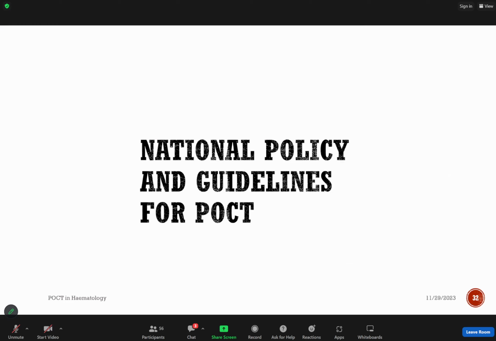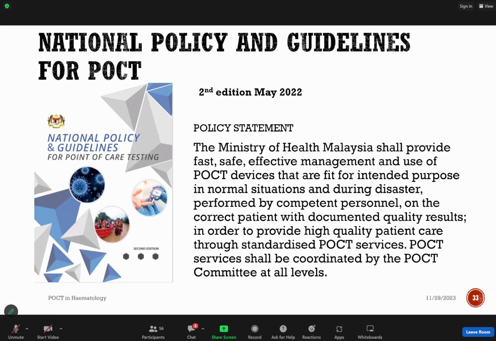Next, we move on to national policy and guidelines for POCT. This is the second edition, released in May 2022. I share here the policy statement in the policy and guideline.